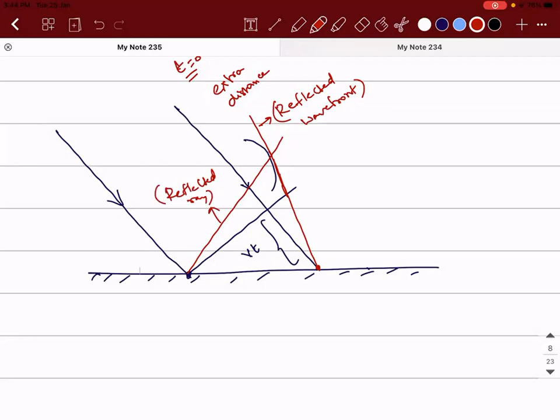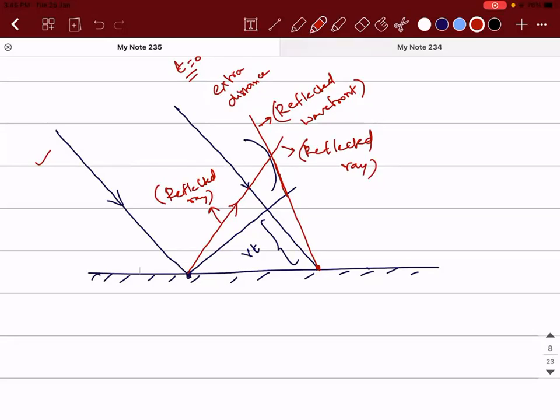Draw a line segment of this much value, then from there draw the perpendicular bisector, all those things. In a similar way, in physics, I took the concept of Huygens principle of wave theory and tried to draw this particular construction through which we got this kind of a diagram. So if you observe, this will be the incident ray and this will be the reflected ray.